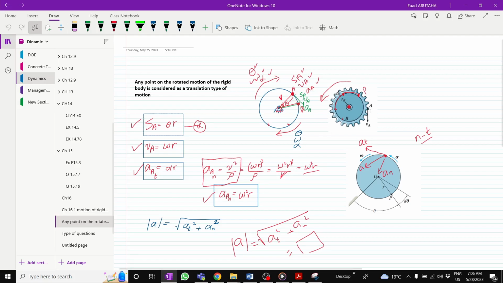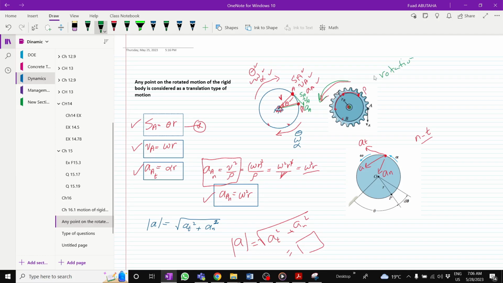So we have an example: this is a rigid body, a disk rigid body, that is rotating in this direction. What type of motion is this? This is rotation motion. Why?